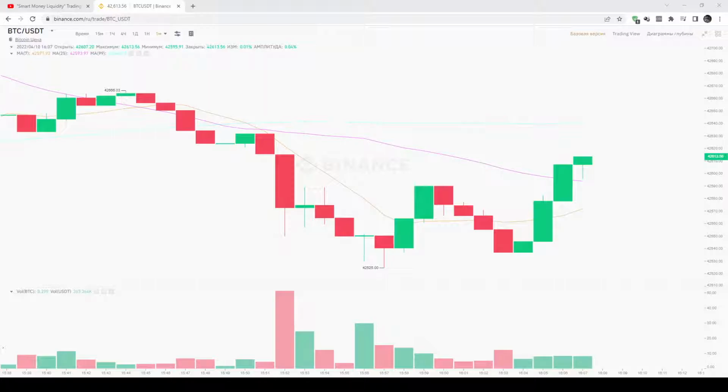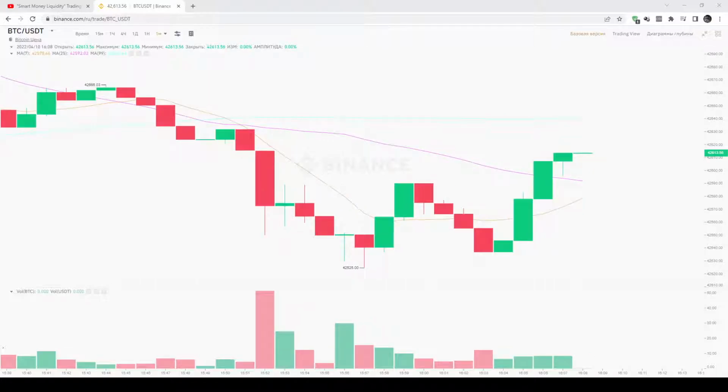Here's an example of how to trade inside bar false breakouts in a trending market. As you see here, the market was trending down. That indicates that sellers are in control of the market. So if you decide to sell the market near resistance levels, all probabilities will be in your favor.